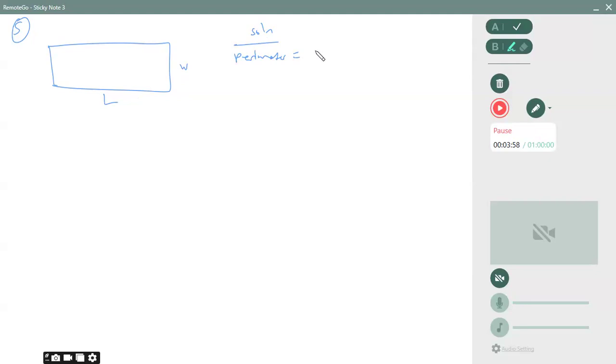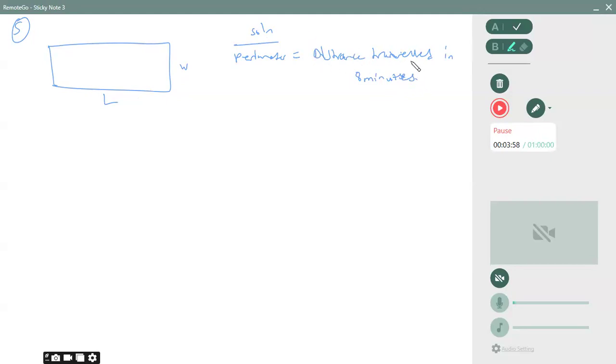is equal to the distance traveled in 8 minutes.